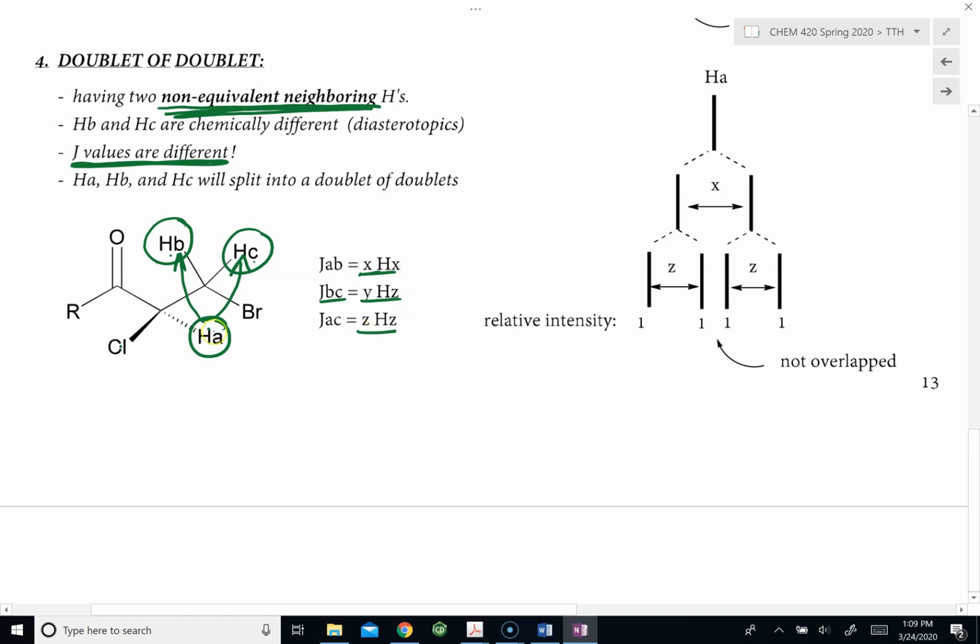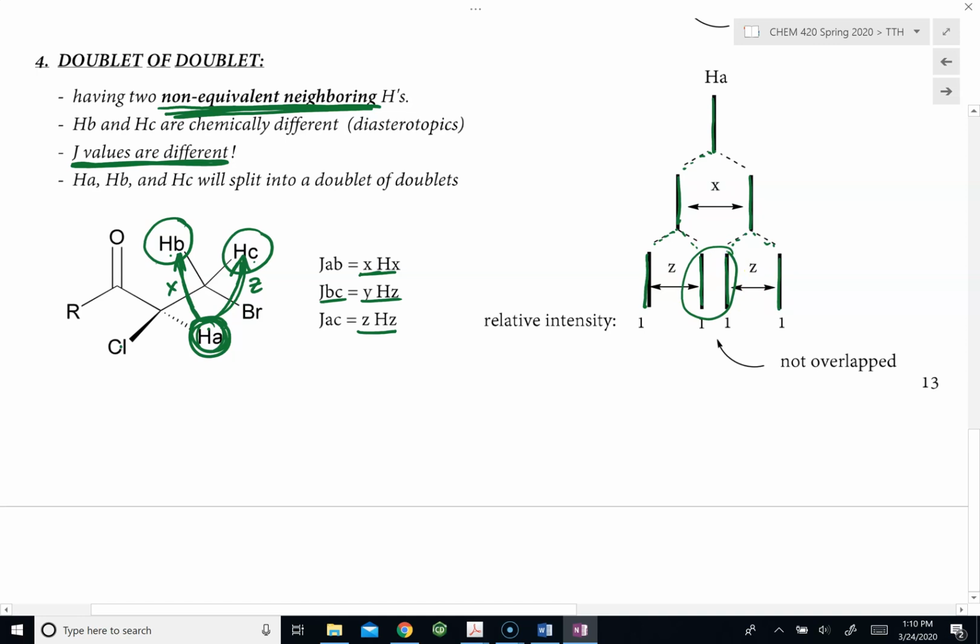So let's see what happens. HA again would start out as a singlet. And when that communicates with the HB, it will split by this X distance in here, so that it splits into a doublet. And this resultant doublet further gets split because this HA also communicates with this HC. And let's say now this is the J value. So here the resultant signal gets split by the J value. Because J is not equal to X, the signals in the middle do not overlap.